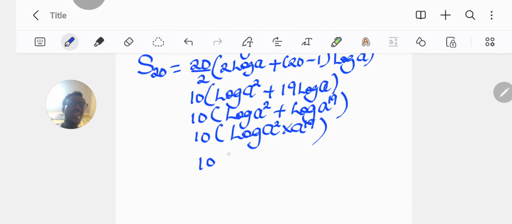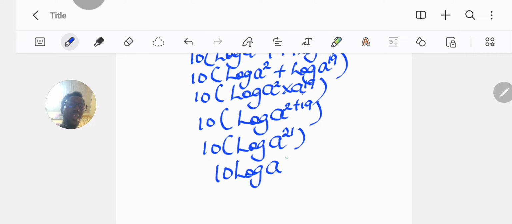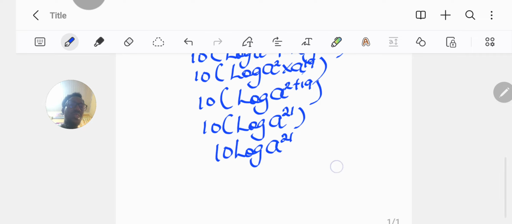According to indices, when you have two bases that are the same, you pick the common base and you add the powers. So this gives 10, open bracket, log a raised to the power of 21. So this is 10 log a raised to the power of 21.